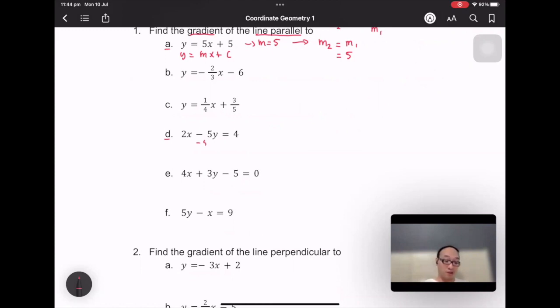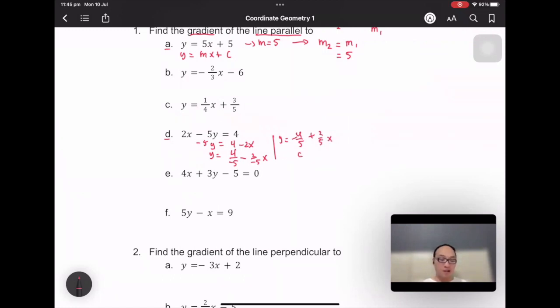So it's -5y equals to 4 minus 2x, so y equals to -4 over 5 minus 2 over -5x, or I can simplify into -4 over 5 plus 2 over 5x.